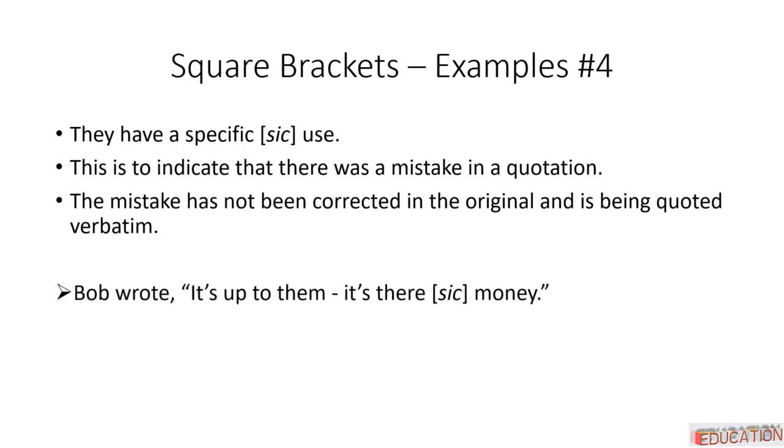Its their money. It sounds okay, but when we actually look at it, they've used the wrong form of their. It should be T-H-E-I-R. And so the person quoting what Bob wrote has written it exactly as he did, and then after the wrong bit, he's added a [sic] to indicate that this was an original mistake in the quote.